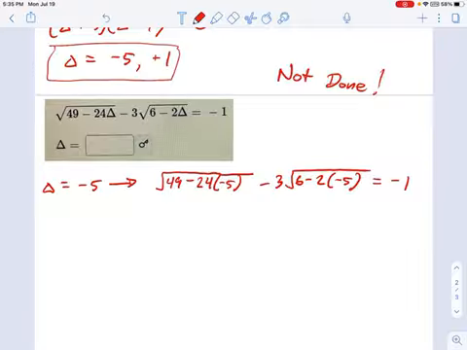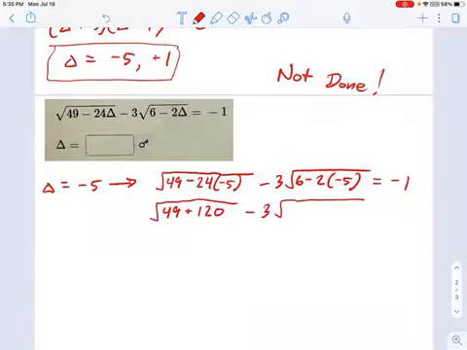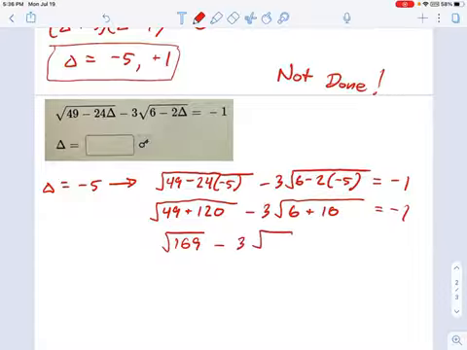So, well, this is 49. See, 24 times 5 is 120, and they're both negative, so that's plus 120. And this is minus 3 times the square root of, well, negative 2 times negative 5 is positive 10. Okay, so this becomes the square root of 169 minus 3 times the square root of 16 equals negative 1.